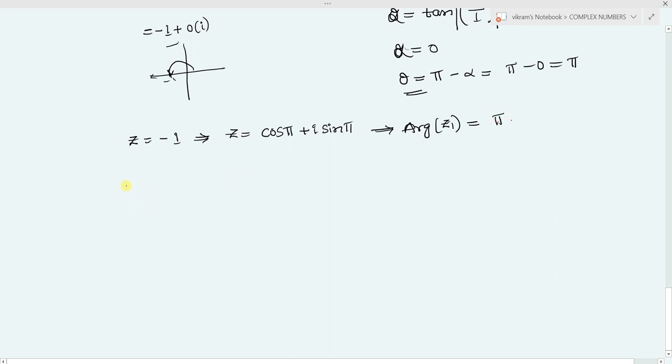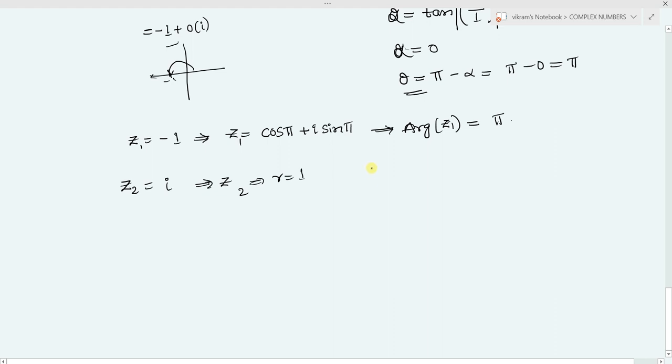Then what is given? z2 equals i. For z2, r equals 1 only. But what is theta? It is on the positive y axis only, so 0 plus i.